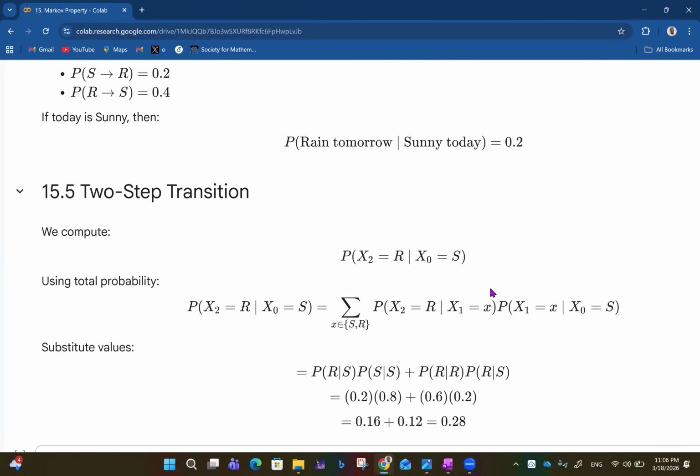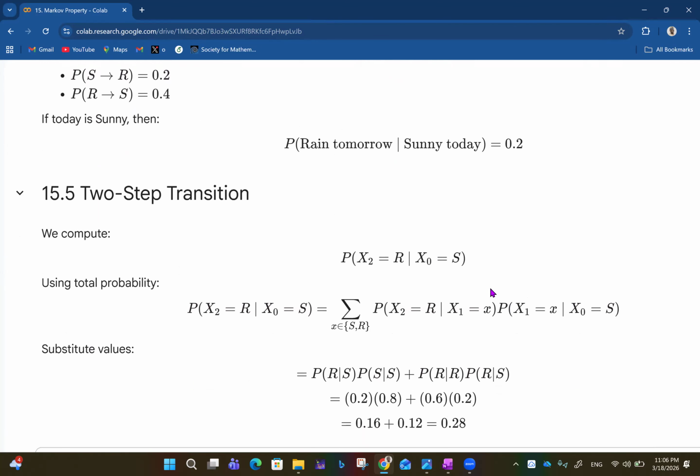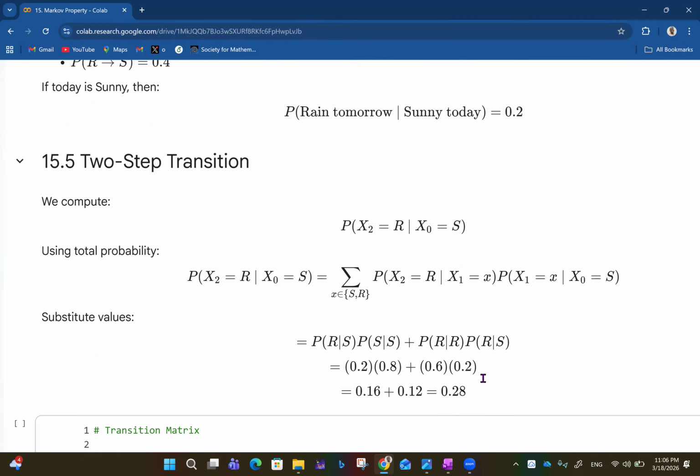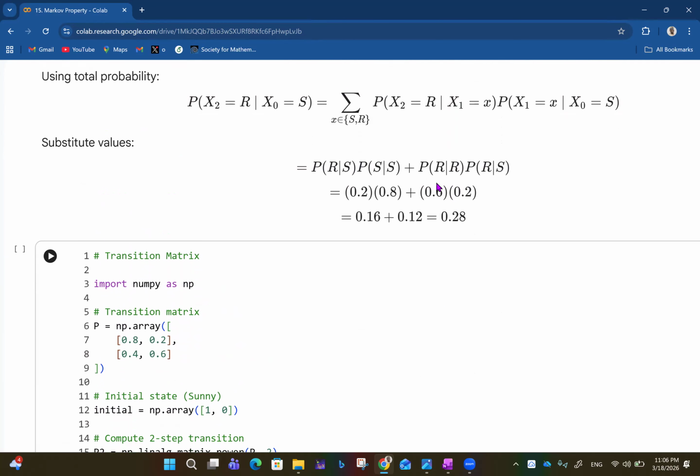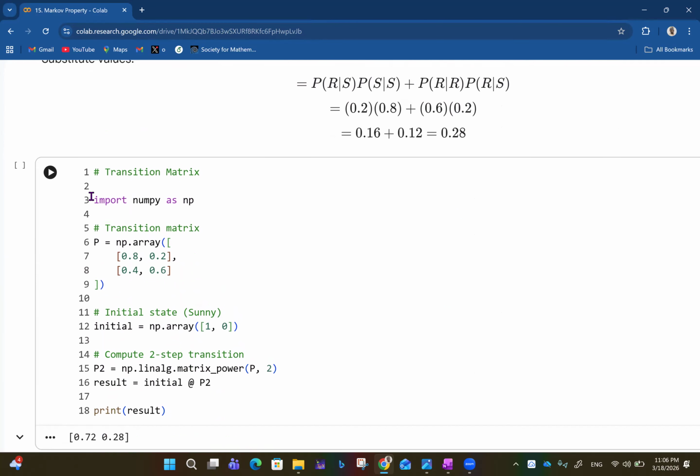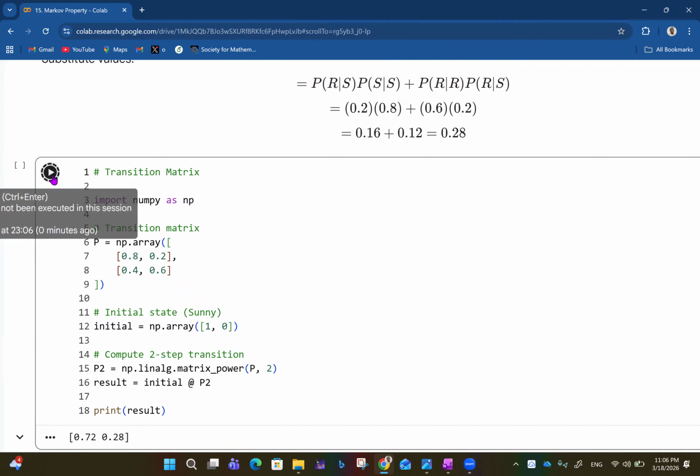That's rainy given sunny multiplied by sunny given sunny, then rainy given rainy multiplied by rainy given sunny. It feels like some kind of chain reaction. So to get RS, it's RS times SS, then RR times RS. From here we get 0.28. But we can do a Python code simulation to get the same two-step transition. So 0.28 here tells us about the rainy, sunny situation.